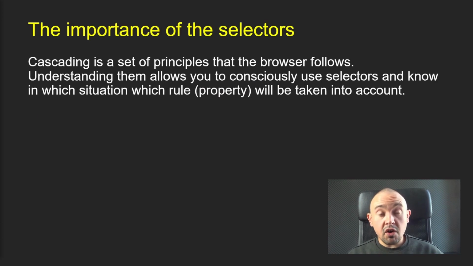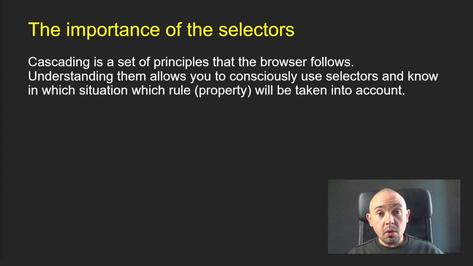The selectors are a very important aspect of cascading. A lot of our work in learning about cascading is going to be figuring out how important a particular selector is. It is the selector that decides which CSS rule will be used. The browser calculates which selector is the most important.